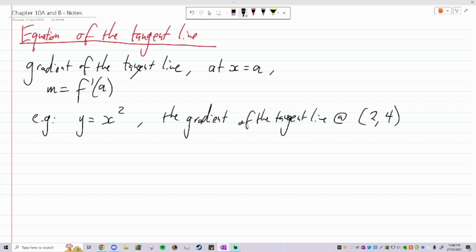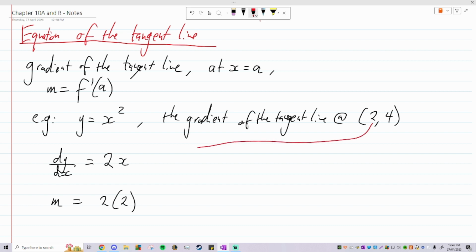So the first thing we need to do is find the derivative, dy/dx. This derivative shouldn't be too bad here. Take the power down, so the 2 out the front, and then drop the power by 1, so we just get 2x. Now, if I want the gradient, I'm just going to plug the number 2 into my derivative.